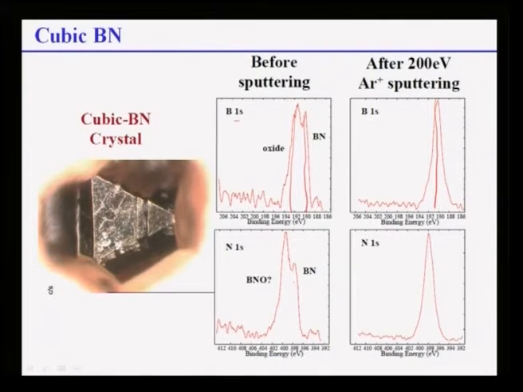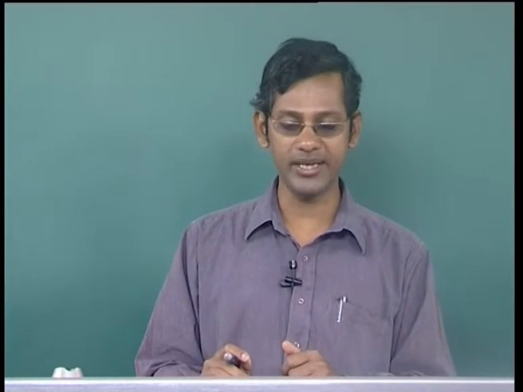Nitrogen 1s, this is BN, this is oxide. We do not know, this is not a boron nitrogen oxide, this is basically boron oxide B2O3 or something. If you do the sputtering, you see only the nitrogen peak corresponding to BN. So, it is very clear that the chemical shift of the boron and nitrogen 1s peak positions is also a function of oxygen presence on the surface. That can lead to some oxide formation.